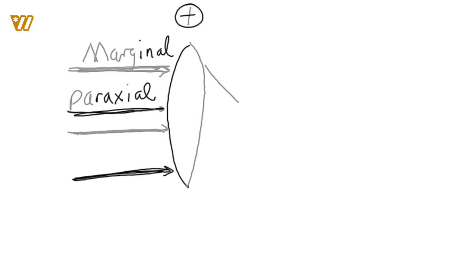Marginal rays are bent more. So marginal rays, rays that hit on the edge of a lens, are going to bend more. So in a plus lens, they're going to come to point focus first. The paraxial rays are going to come to a point focus second, behind. So key point once again, marginal rays bent more.